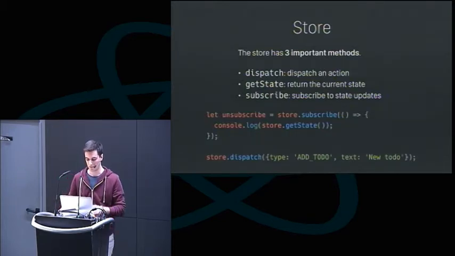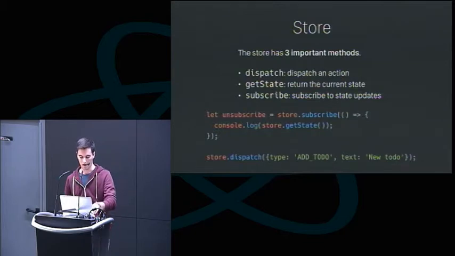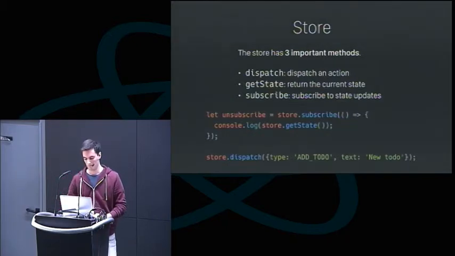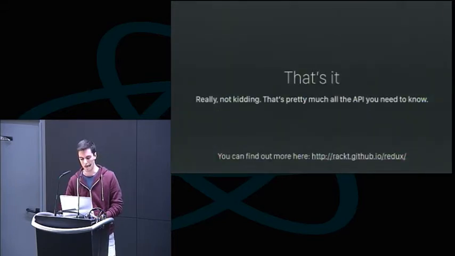So here's an example. You subscribe, and we pass a callback. So whenever the state is mutated, it will be called, and we will log the current state. And here we dispatch a simple action. So this code will log type add to-do, text new to-do. And that's it.